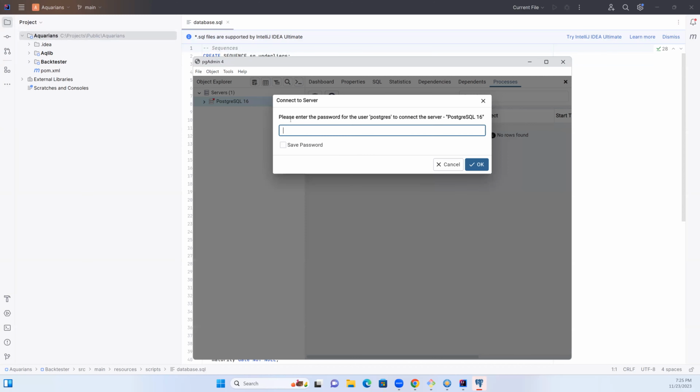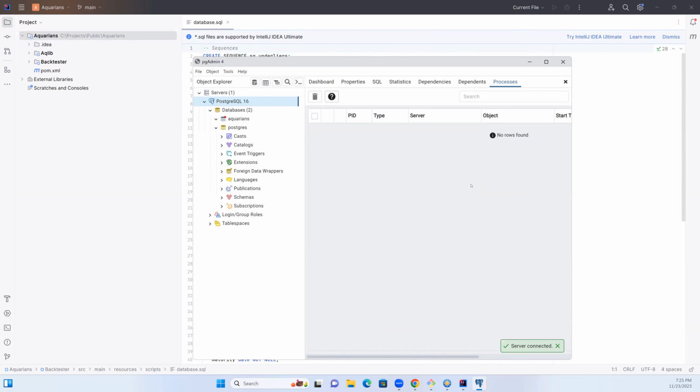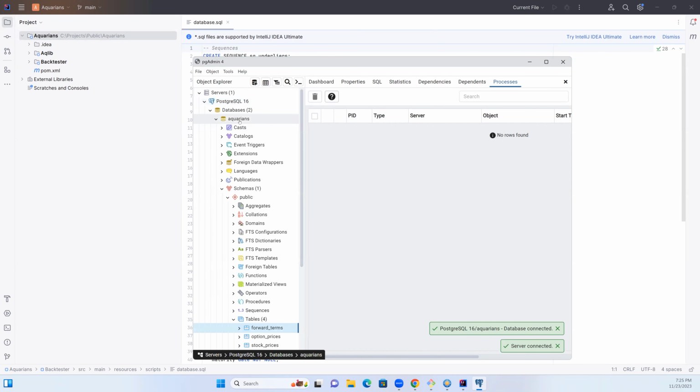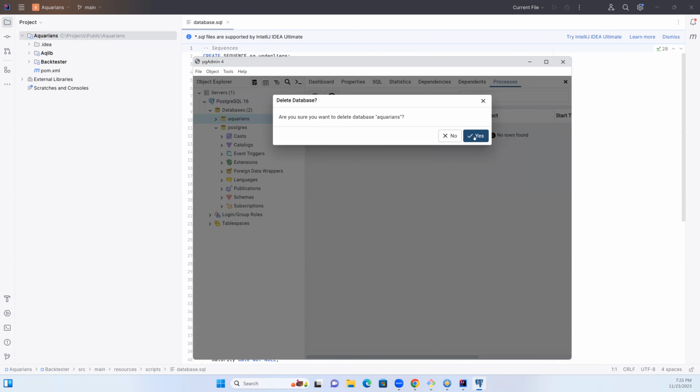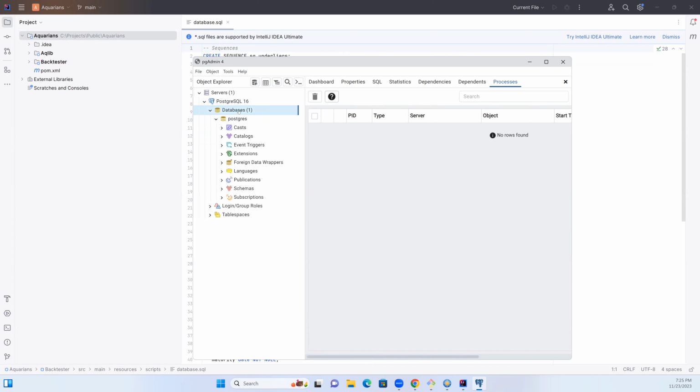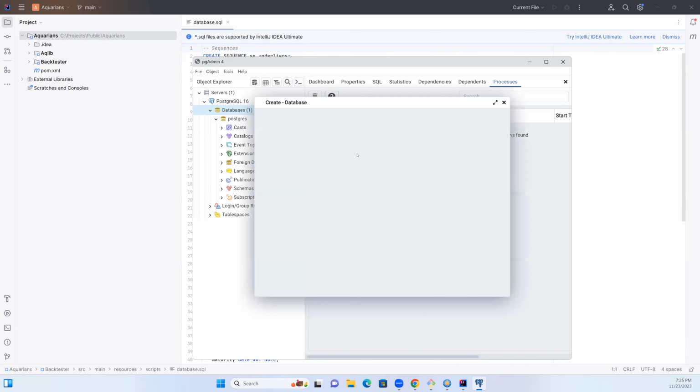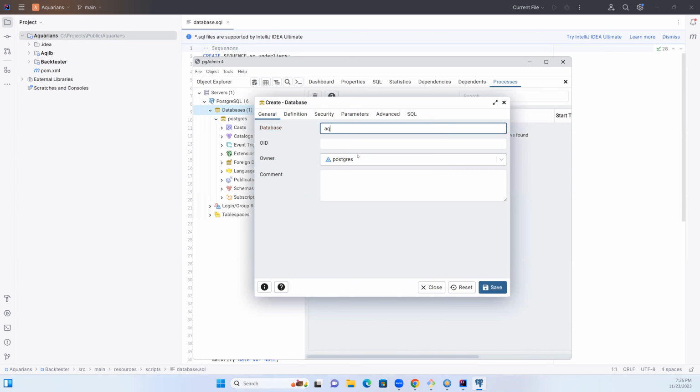It takes some time to start. Expand the servers, provide the password that we used. Okay, and we have a database that I've previously created. I'm just going to delete it and recreate it. So you have to create a database that you know. Remember the name. I'm calling it Aquarians.